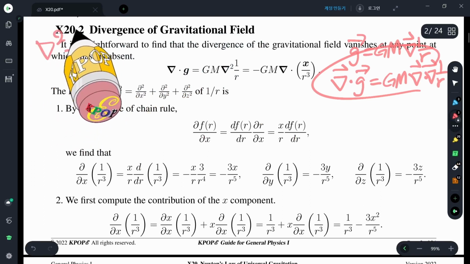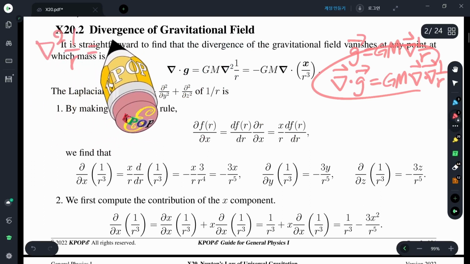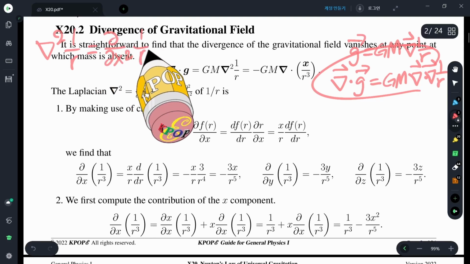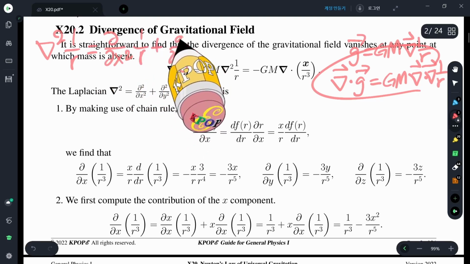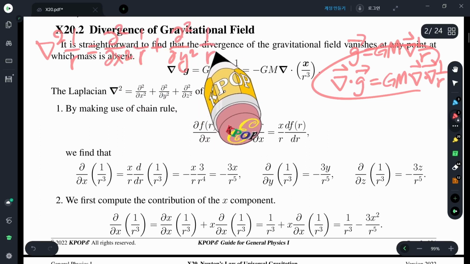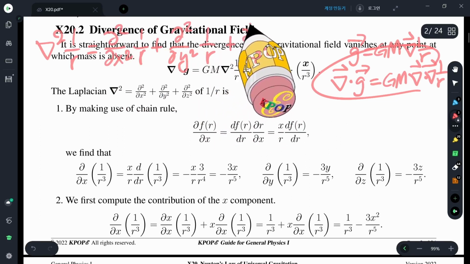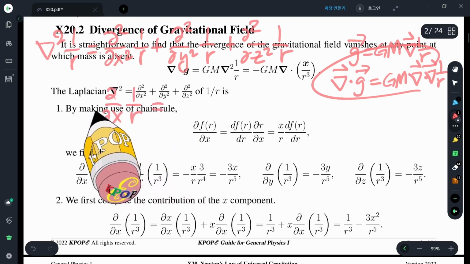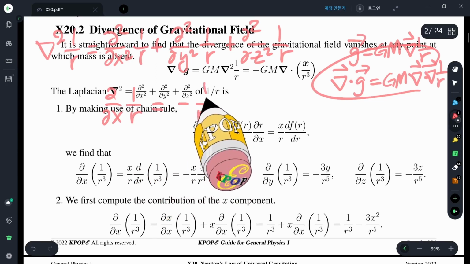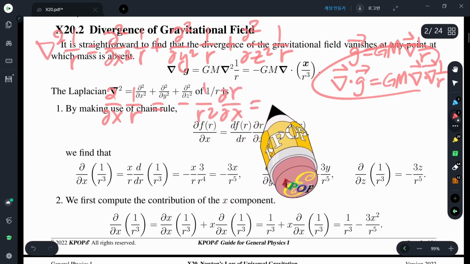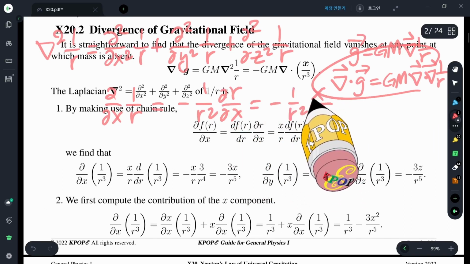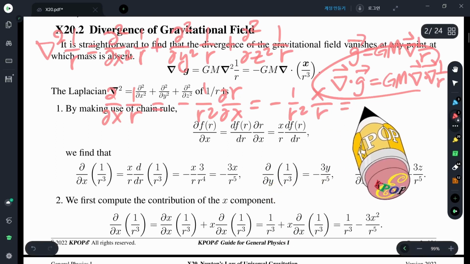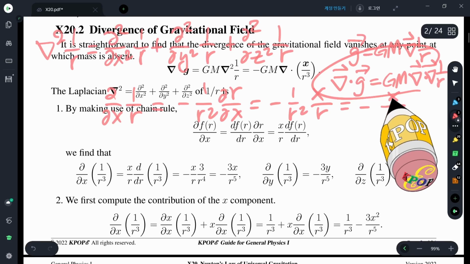So 1 over r. The x derivative, by the chain rule, is minus x over r cubed.